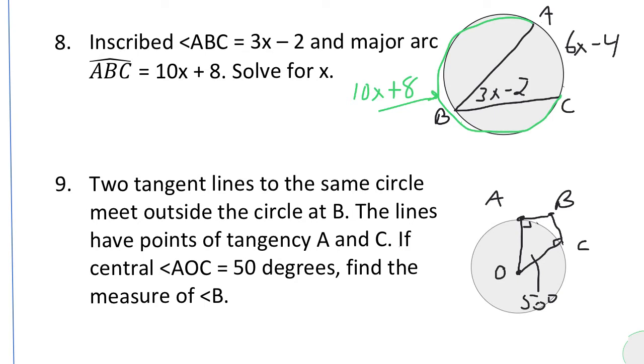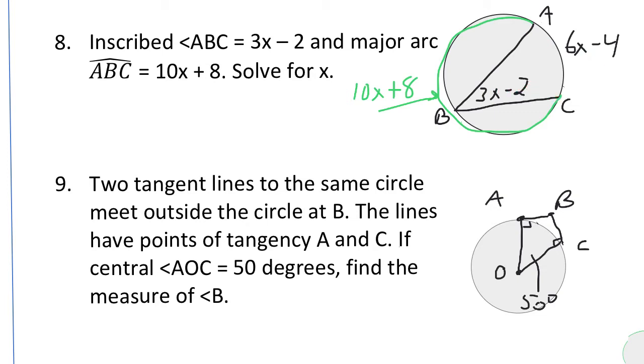In question 8, we have an inscribed angle, 3x minus 2. That's inscribed, so it turns at the edge. And a major arc going around the back way, ABC, 10x plus 8. If the inscribed angle is 3x minus 2, its intercepted arc out here is twice as large, 6x minus 4.